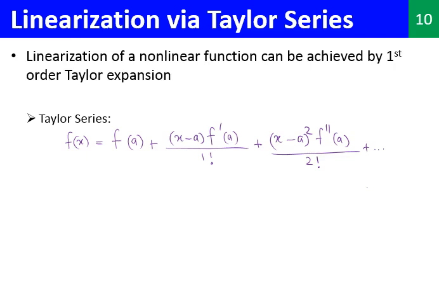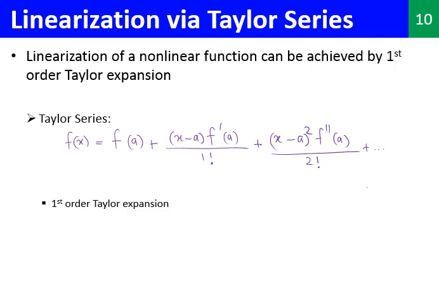I hope you got it right. So what is this a? When we write the Taylor series, we are writing our function f(x) about a certain point a, right? We call this the operating point.